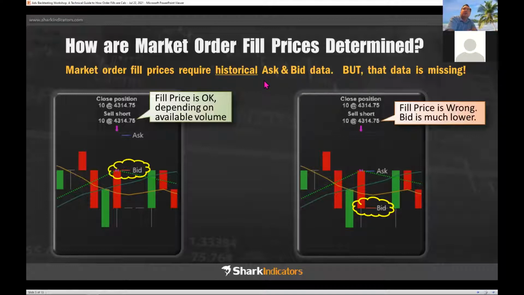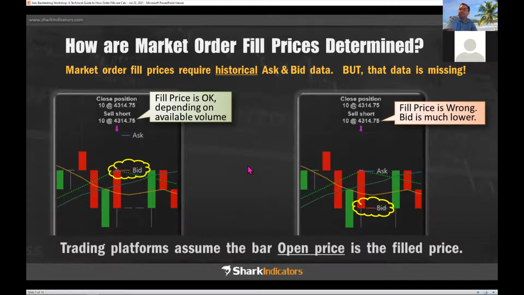As far as I know, there aren't any yet. But as charting platforms evolve, computers get faster, and our internet connections get faster, it's only a matter of time before platforms can store that historical bid and ask data, so that backtesting will be a lot more accurate than it currently is.